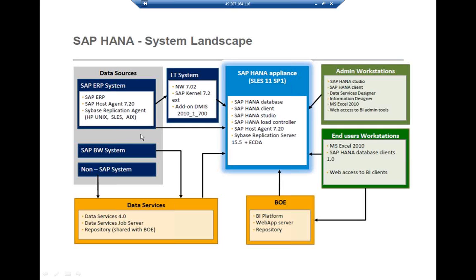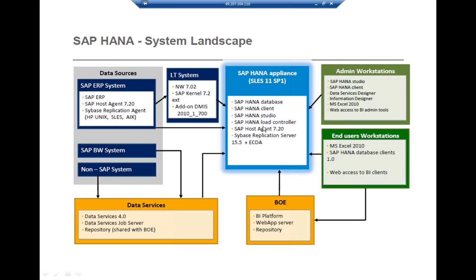So using those different replication technologies, once the data is extracted and loaded into the HANA database, using this HANA Studio we do modeling, meaning we build the models, and then on top of that you can go for reporting. As I told you, they can go with any of the reporting tools.